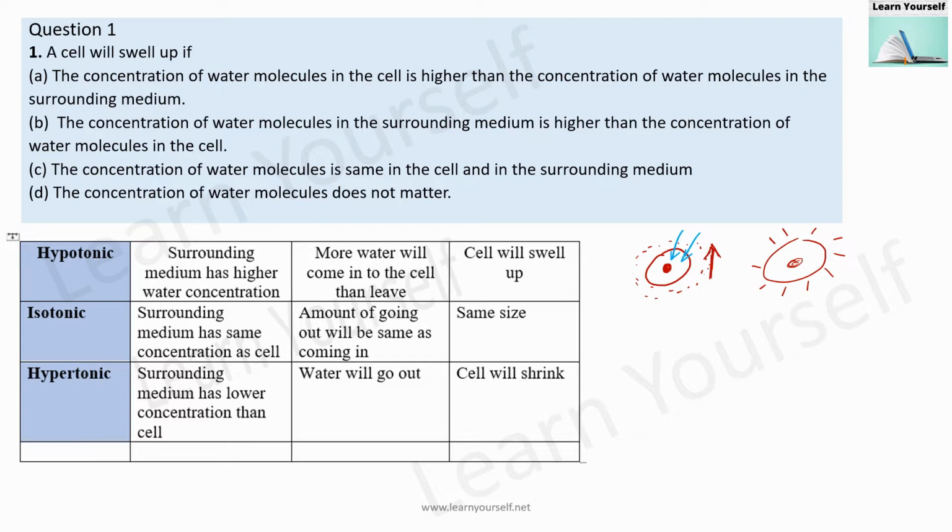In isotonic solution, the surrounding medium has the same water concentration as the cell. So the cell will remain the same as it is because both the concentrations are the same outside and inside.